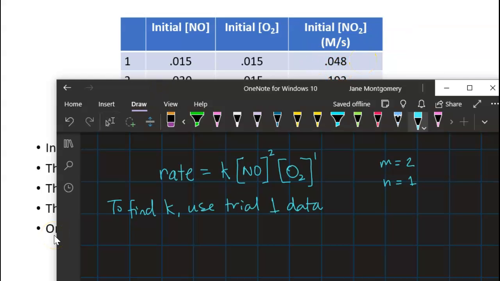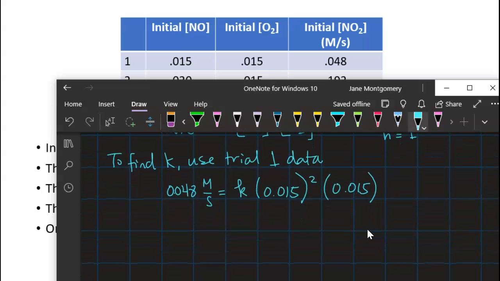Rate is 0.048 molar per second, and we don't know K. Then we substitute in the concentration of the NO, which was 0.015. I don't need the brackets anymore. We multiply that by 0.015 squared, and then multiply by the concentration of the O2, which is also 0.015. But in this case the exponent is 1, so obviously I don't have to write it.